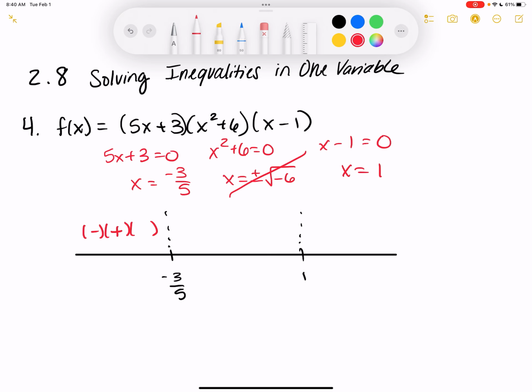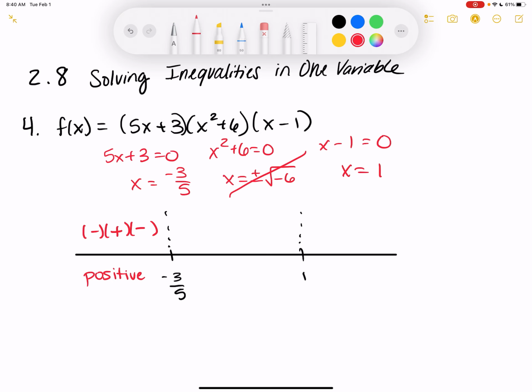And the last one, negative 1 minus 1, that's negative 2, so that's negative. Negative times positive is negative, times negative is positive. So in this region, it's going to be positive. This is easy. Is that it? We've got to do it in each section, but yeah.